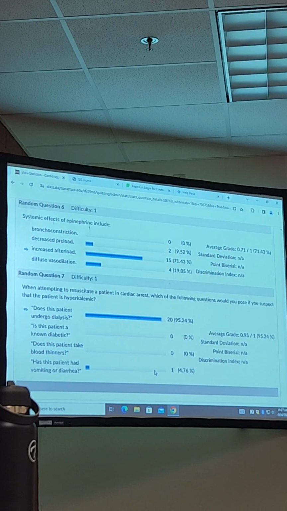Are they a diabetic? That would be sugar, glycemia. Do they undergo dialysis? Why dialysis? They're in renal failure. And what do the kidneys do in addition to making urine? Balance potassium. They actually make urine by regulating potassium.